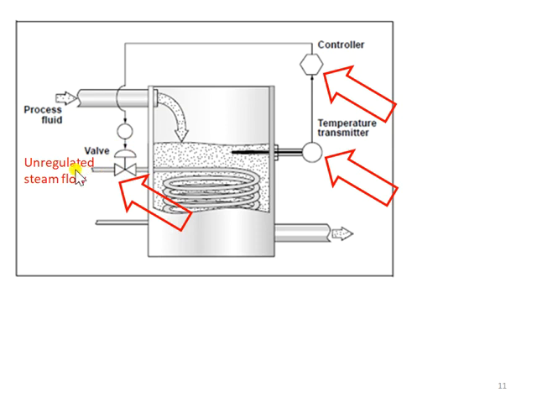If the flow rate or the pressure is high, then the control performance will be different as compared to the flow rate or the pressure which is lower. So this unregulated steam flow through this heating coil will significantly affect the performance of the temperature controller.